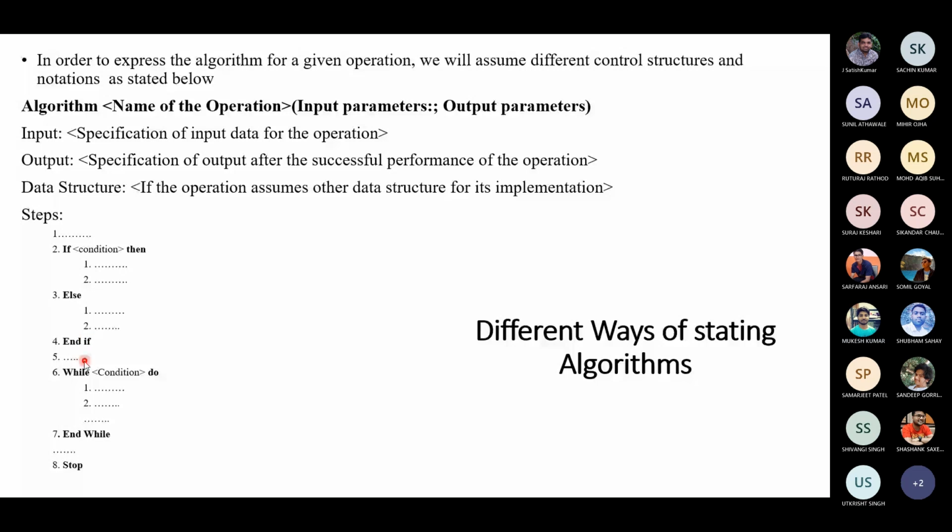Then I can write while condition do, and if the condition is true, then do this. When the condition fails, you stop, end while, then you follow some other statements and stop. So this is how we will define an algorithm in the subsequent classes, which is a standard way you will find in any textbook.